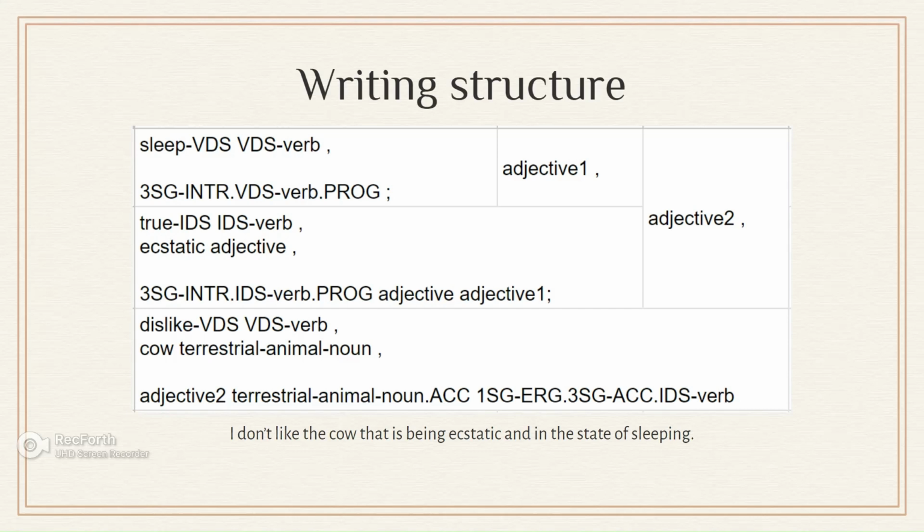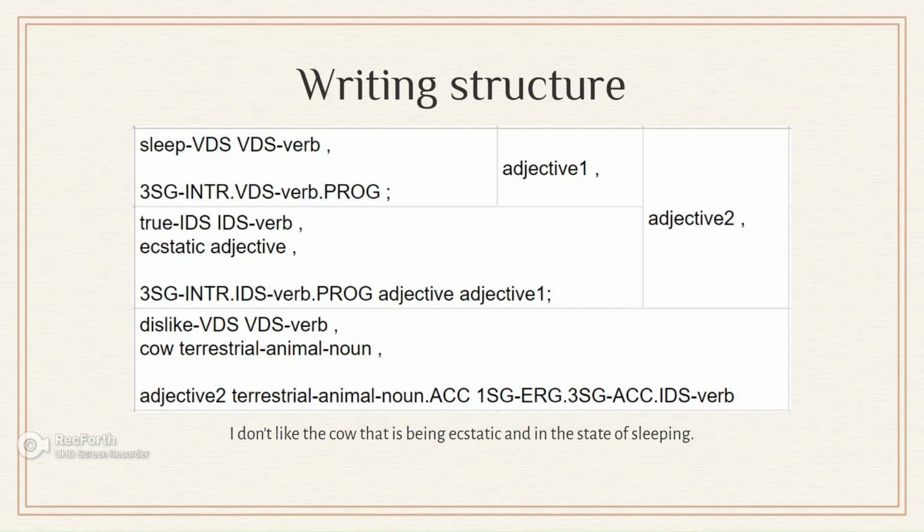With n-doubling, you would just repeat. For example, in the first one, you just put sleep after the line of the glossing again, the syntactic body, so not glossing. And then for the second one, true, ecstatic, said against verb, etc., you would just do true, ecstatic, and then after the syntactic body.